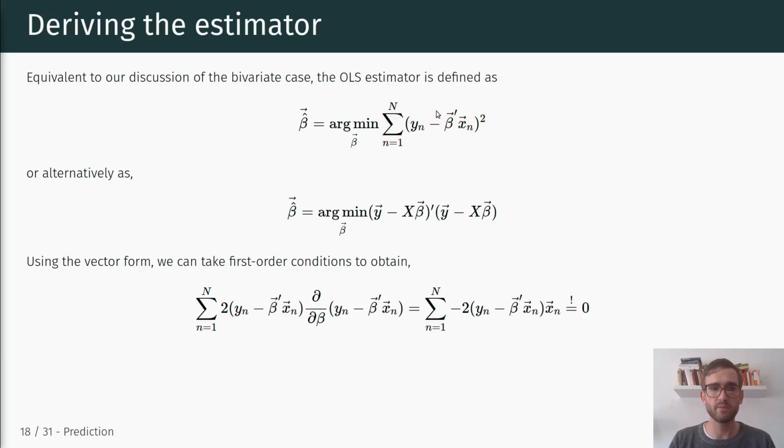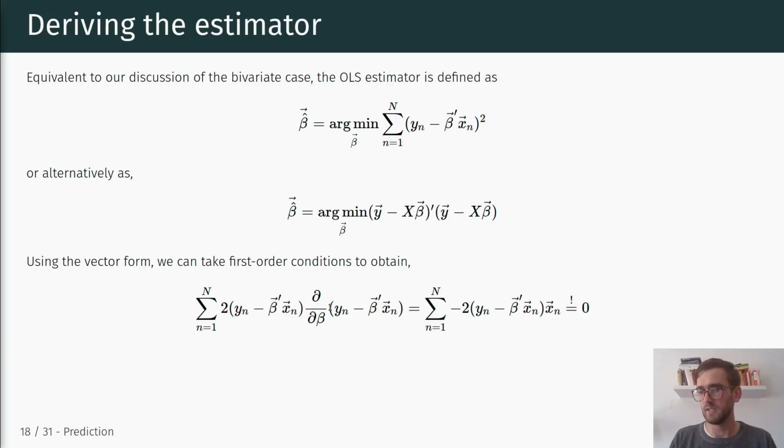And so if we take the derivative of this term with respect to beta, we again have to use the chain rule. So that's 2 times, so this is the derivative of the outside function times the derivative of the inside function.